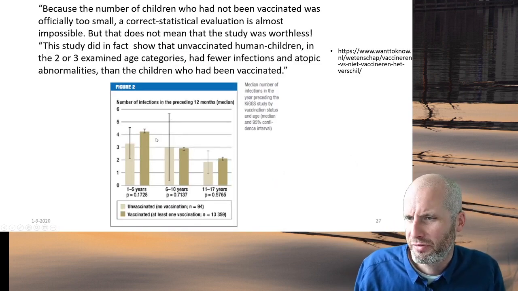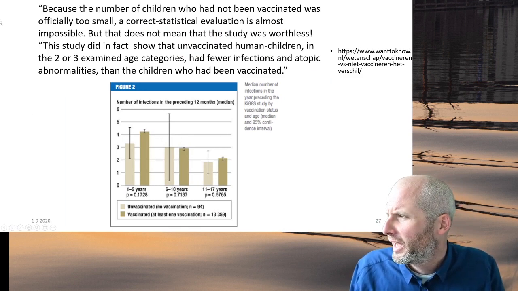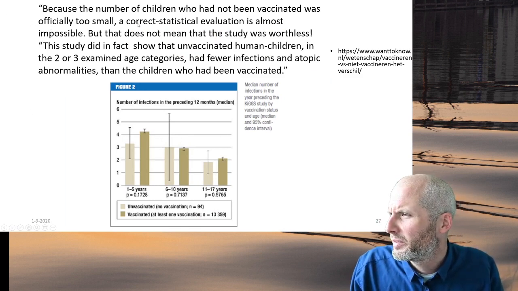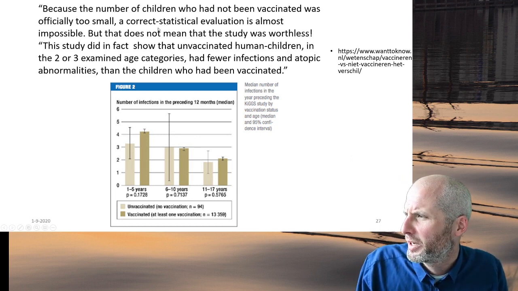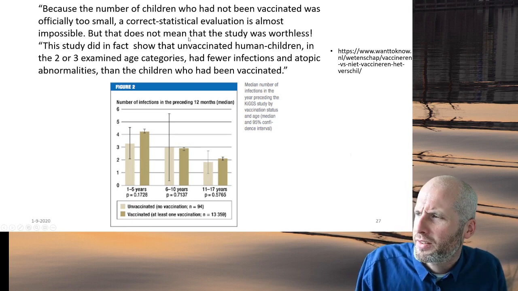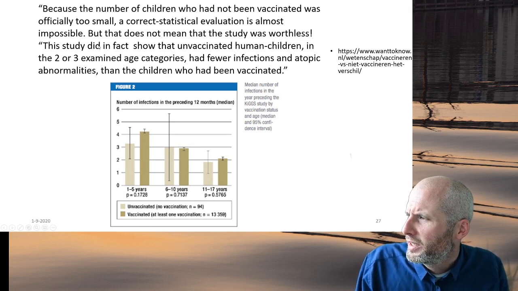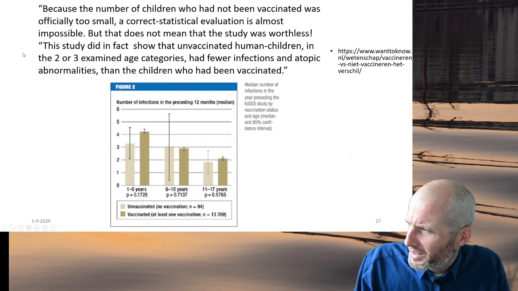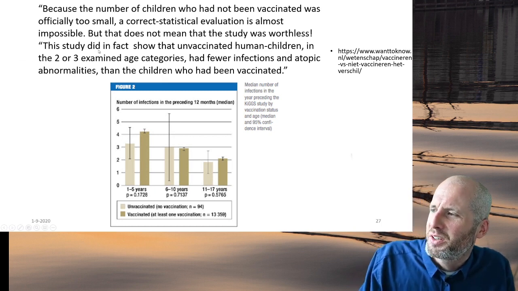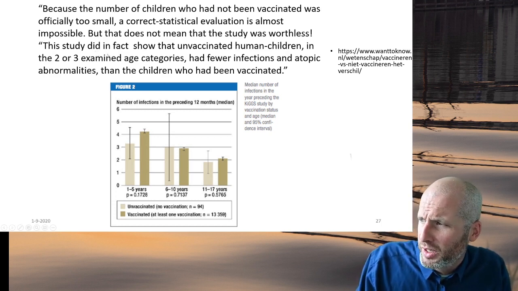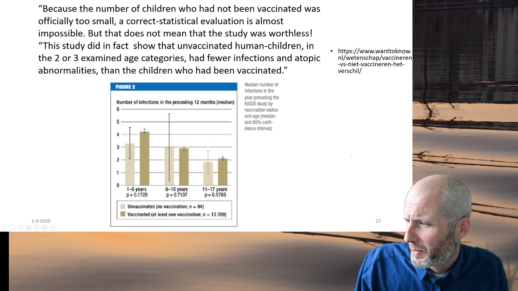So they show this graph, these research results, and it says, because the number of children who had not been vaccinated was officially too small, a correct statistical evaluation is almost impossible. But that does not mean that the study was worthless. This study did in fact show that unvaccinated human children in the 2 or 3 examined age categories had fewer infections and atopic abnormalities than the children who had been vaccinated.